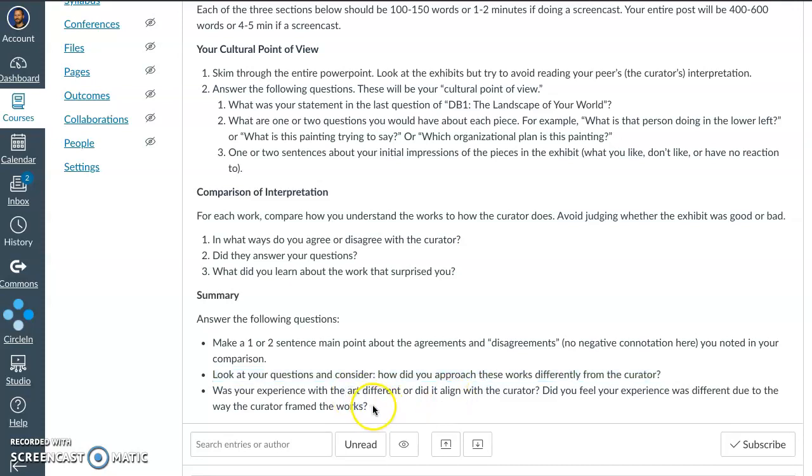Was your experience with the art the same, different, or did it align with the curator? Did you feel your experience was different due to the way the curator framed the works? You looked at the works at first without the frame, and then you read what they had to say. So did your opinion of the works change after reading what they had to say? That's the question there.